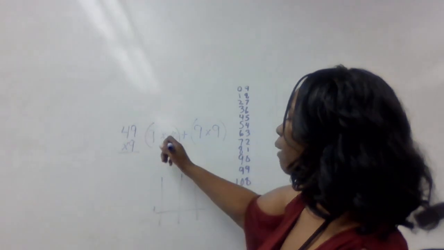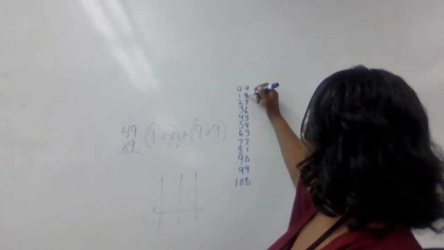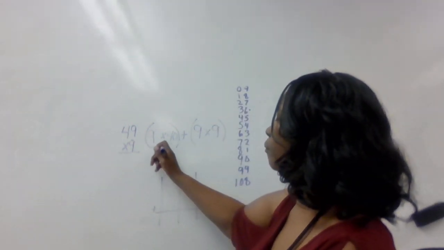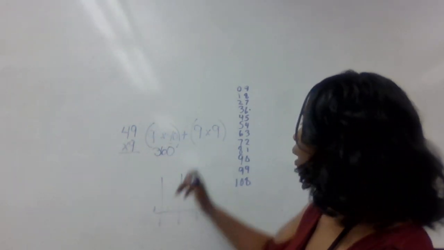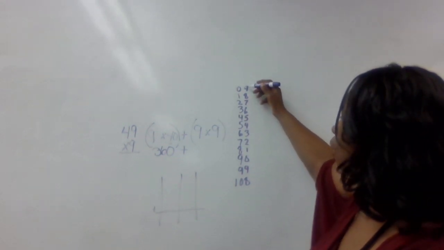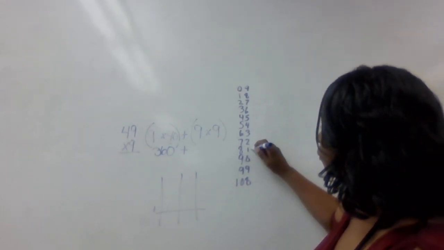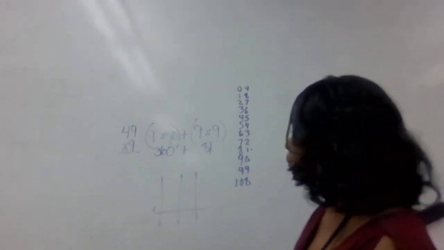Now we're going to go down 4 because this is our multiples of 9: 1, 2, 3, 4. That gives me 36. How many zeros? 1. So that's 360. Plus 9 times 9. I'm going to count down 9: 1, 2, 3, 4, 5, 6, 7, 8, 9. That's 81.